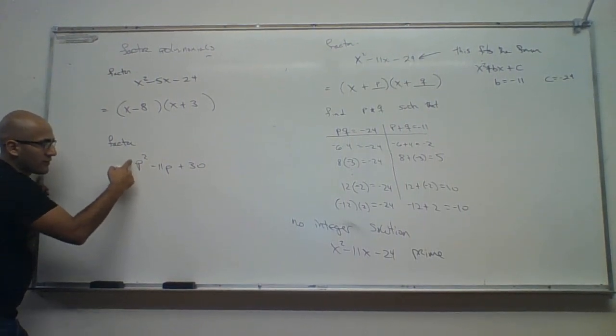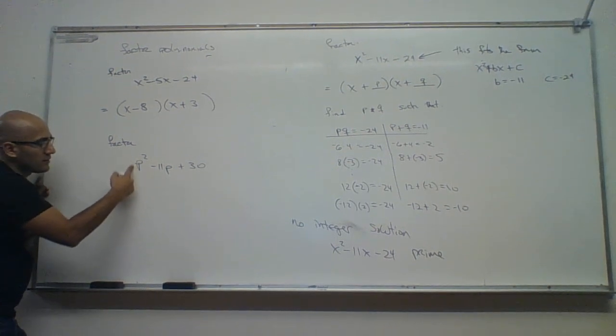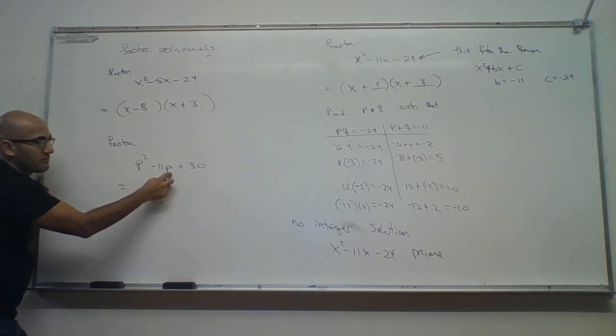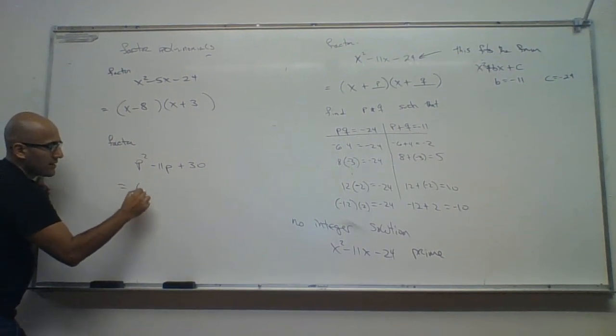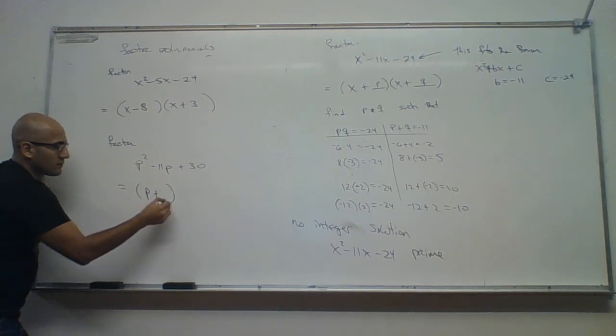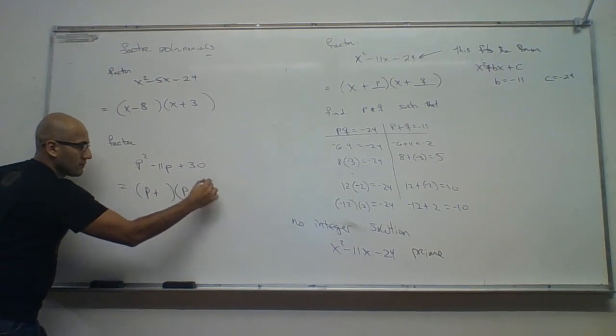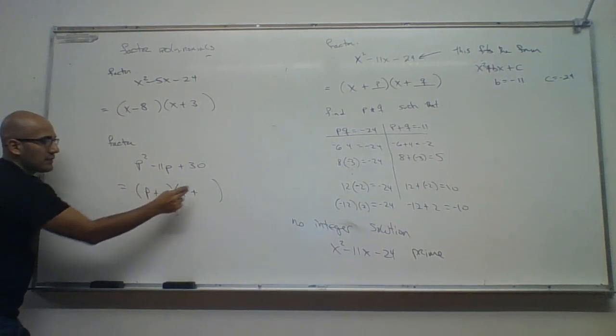Okay, so first of all, we recognize there's a nice happy 1 out front, and then there's a term that just has a p by itself, and there's a term that doesn't have any variables. Then I'm going to try this. Okay, and I want to fill in those blanks.